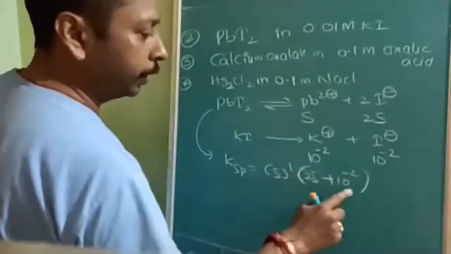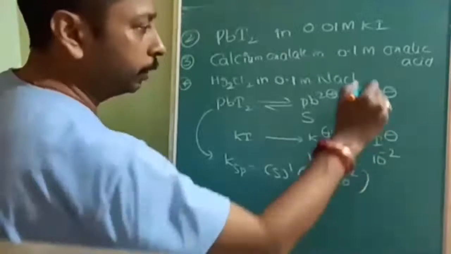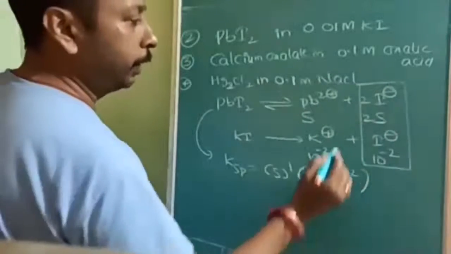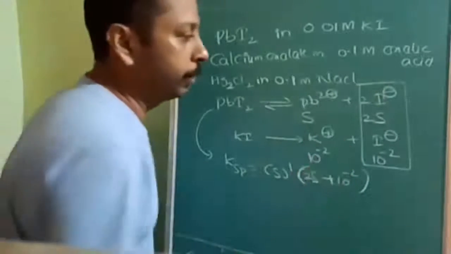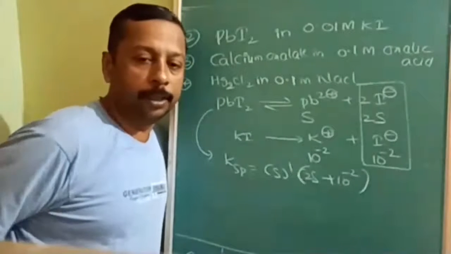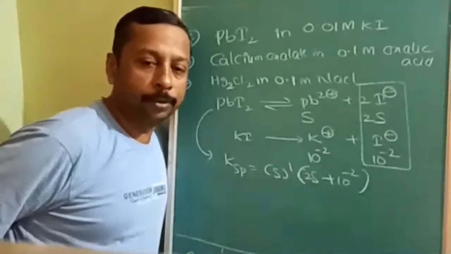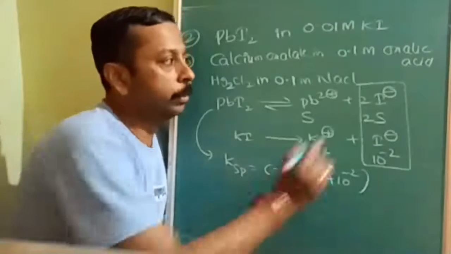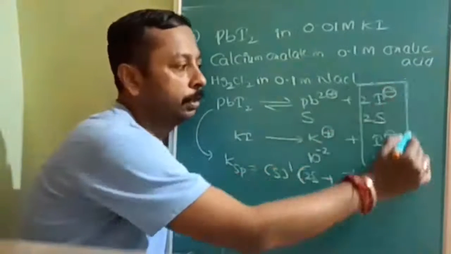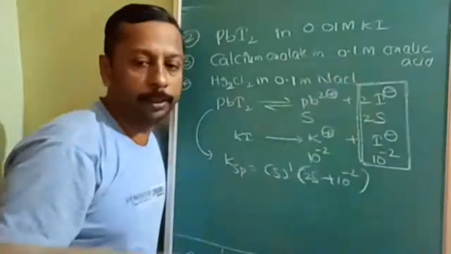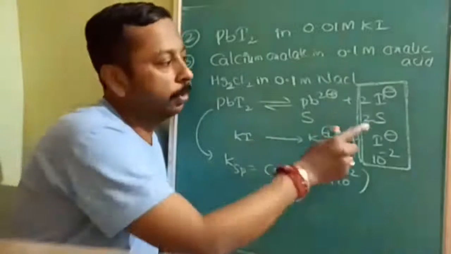People are forgetting this to be added, because iodine is the common ion effect. That's why I told you the first question will be easy, the second question somewhat difficult, the third somewhat difficult, and the fourth question may be surprisingly easy. The questions are framed strategically so that you may commit mistakes, but you should learn everything. So this is the common ion effect.